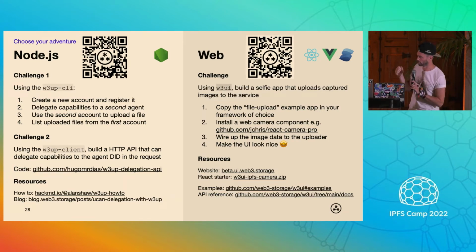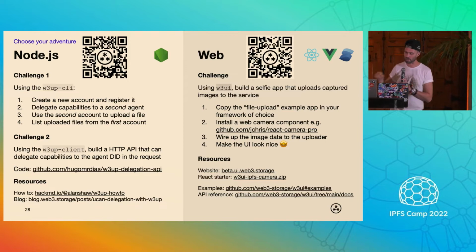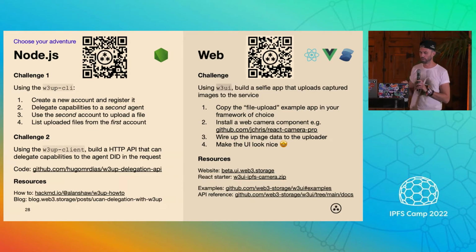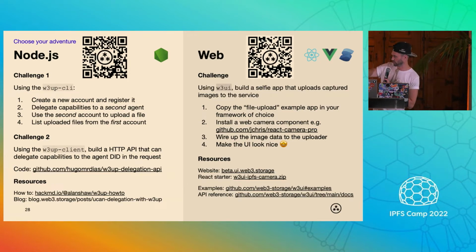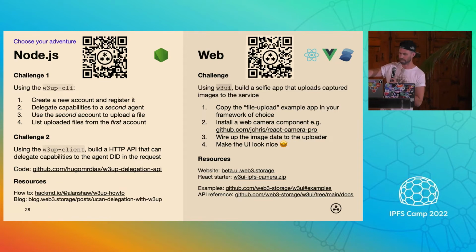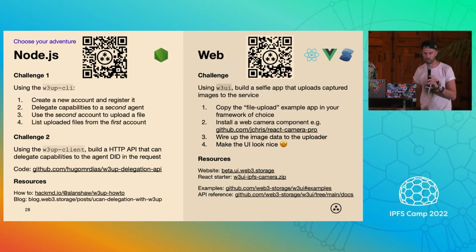What you'll do is use the CLI tool to delegate capability to another agent to be able to upload. The points that we've got here on the slide are very high level, so what I recommend you do is check out the first resource in the links there, which has more step-by-step information on how to do that.